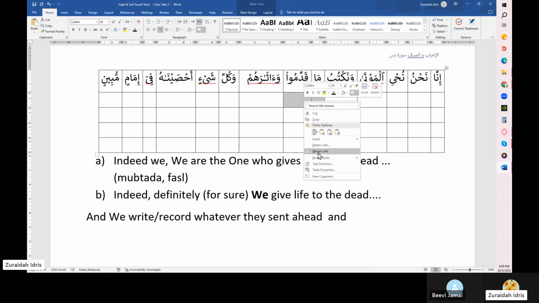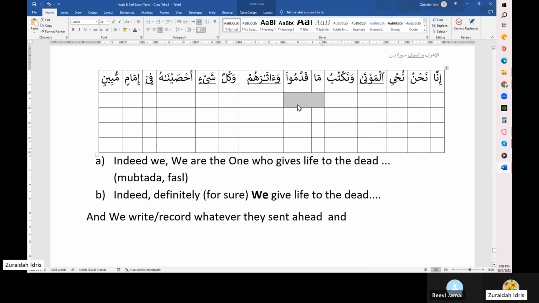So let me merge this. This is one maf'ul bihi, but of course we don't say that, we just say it's ma'tuf. But if we look at it from the ta'kid point of view, this is actually another maf'ul bihi. And maf'uls are isim. So this is a complex isim. This is an idafa. Yeah.